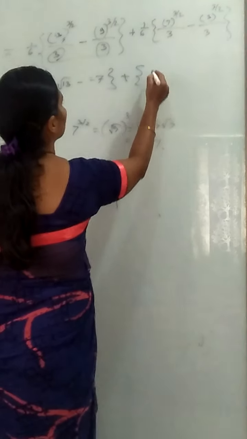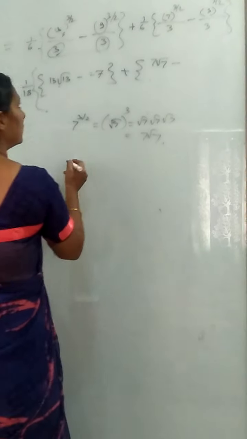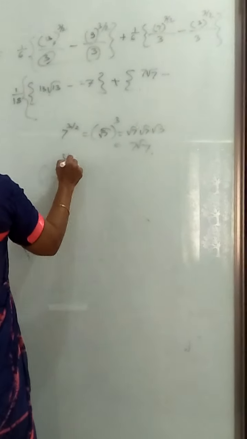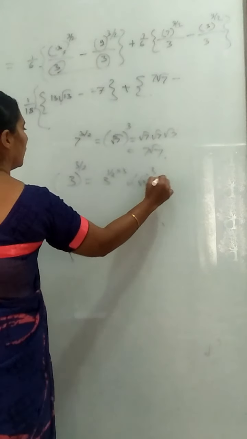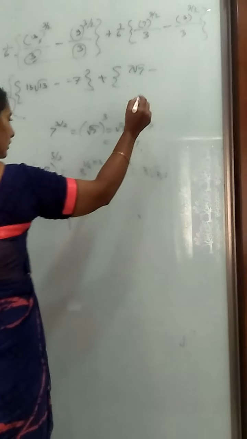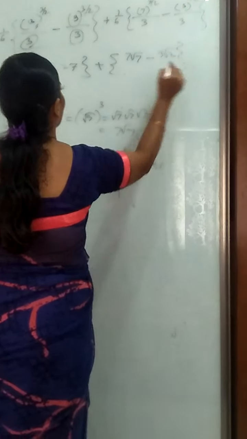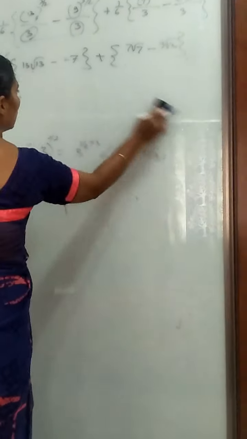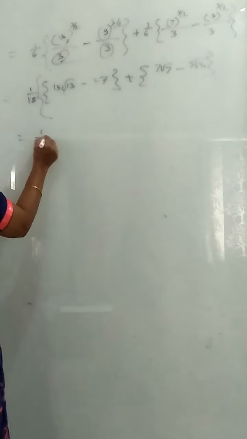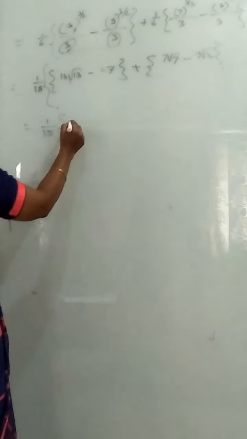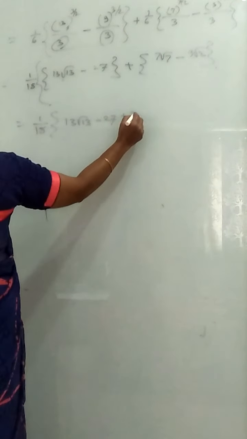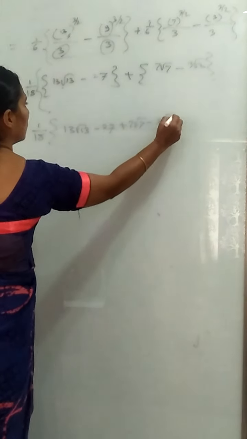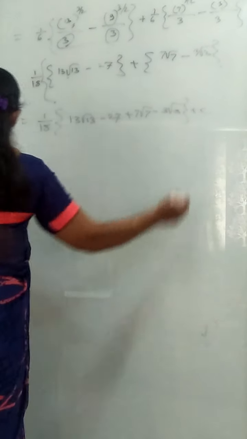Then simplify 3 raised to 3 by 2, which is 3 raised to 1 by 2 into 3, that is root 3 raised to 3, that is 3 root 3. Write down the second term, 3 root 3. Then substitute all the values and simplify. 1 upon 18 into 13 root 13 minus 27 plus 7 root 7 minus 3 root 3 plus c is the value of our integration.